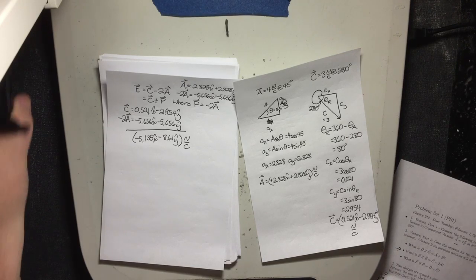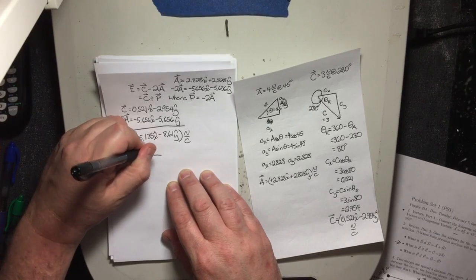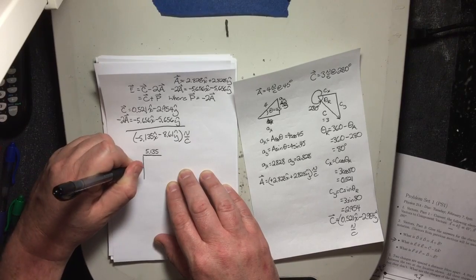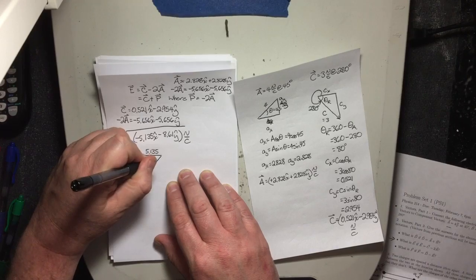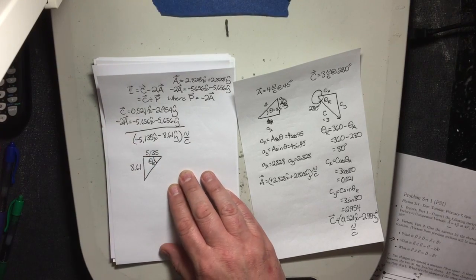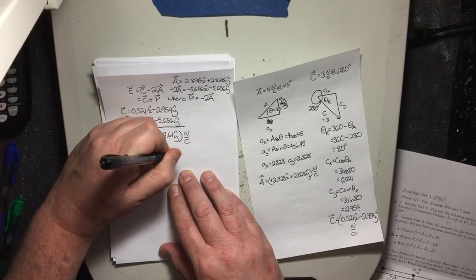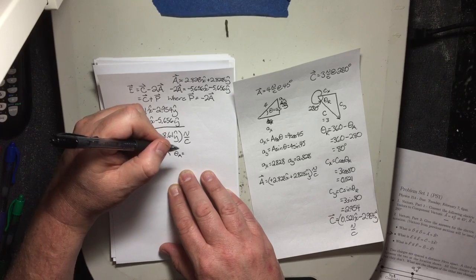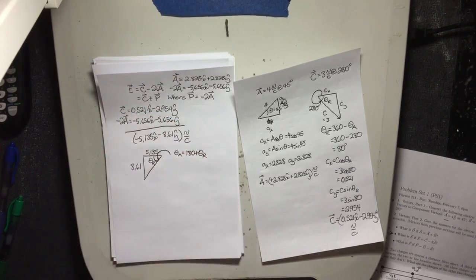To switch it into polar, you know that its magnitude is 5.135 in the x, 8.61 in the y. The reference angle looks like this because it's third quadrant. The absolute angle looks like that. So absolute is 180 plus theta r.